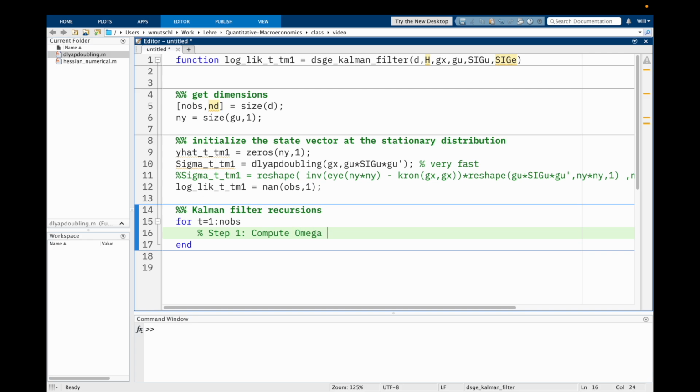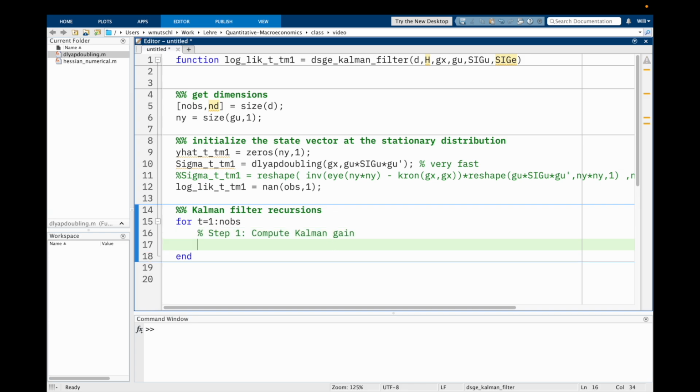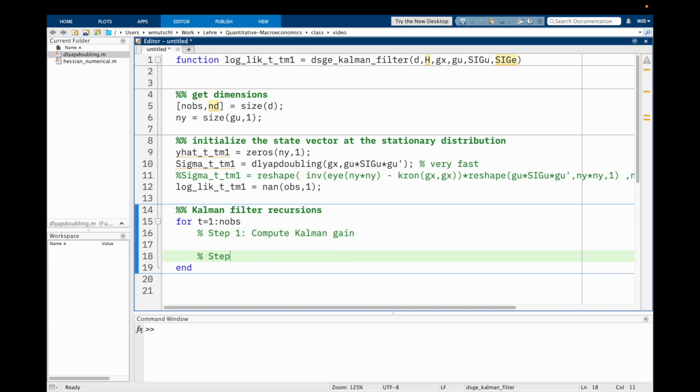We call that omega, and the Kalman gain. Compute Kalman gain. Let's just call it like this. Then there was a step 2, compute the forecast error in observables.